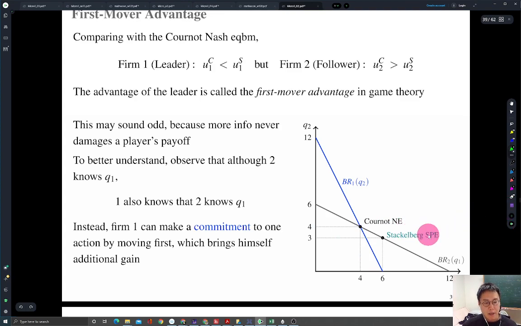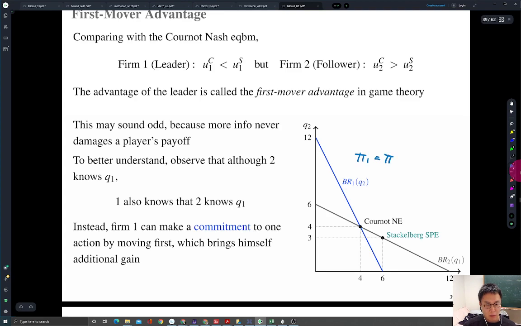But instead, in the Stackelberg game, firm 1 chooses first and firm 2 moves next, and firm 1 chooses 6 units, and firm 2, the follower, chooses 3 units. So this is the Stackelberg SPE outcome. If we compare these two by computing each firm's payoff, in Cournot-Nash equilibrium, because each firm chooses 40 units and the game is symmetric, it is enough to check firm 1's profit.